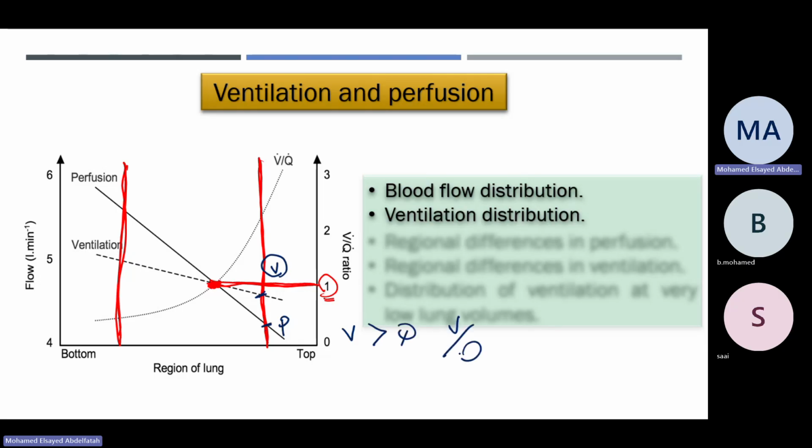So VQ ratio will be higher or lower than 1? It's very easy. Less than 1. Why, Batul? Ventilation is higher than perfusion. More than 1. Okay? So as you see here, this is more than 1.